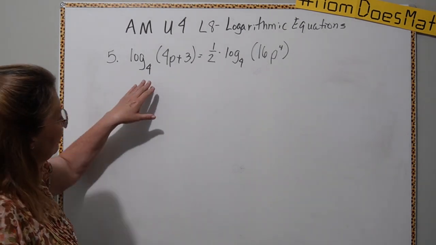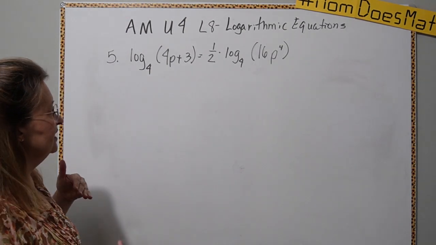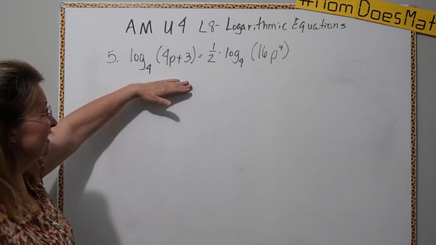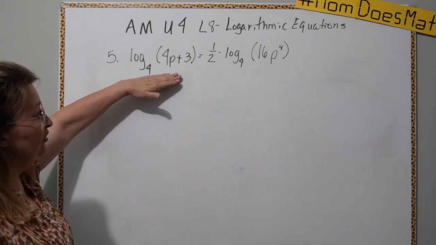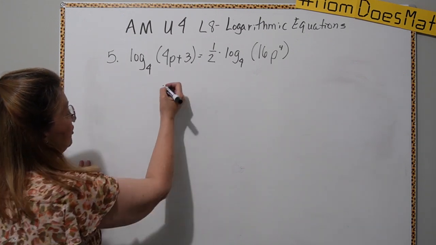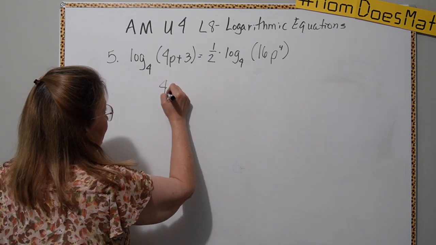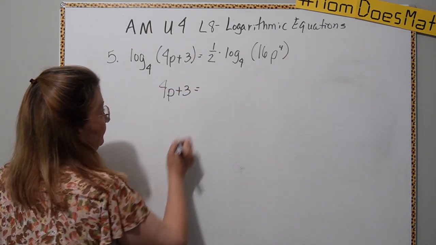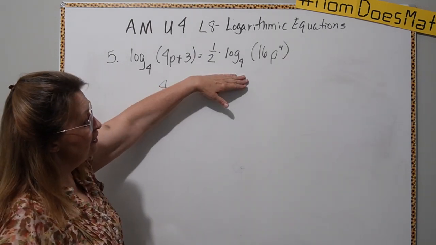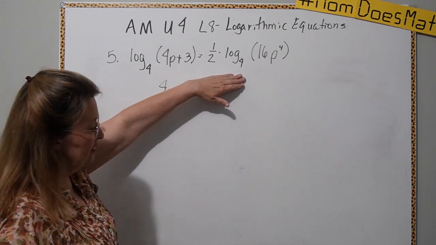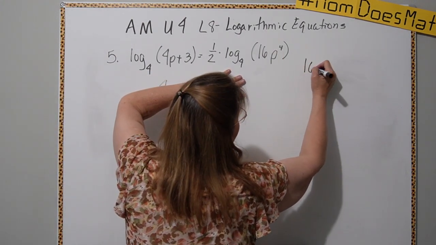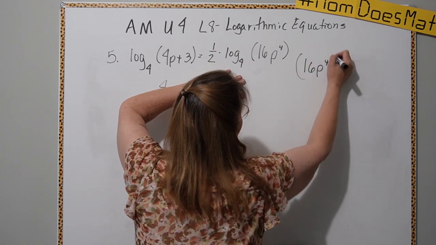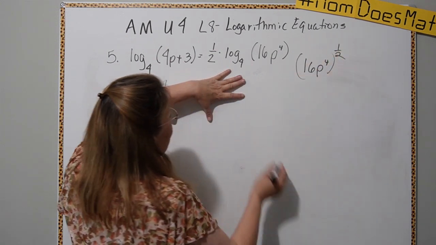Okay, here's number 5, and I have checked. Both my logs have the same base, so I'm good. Now this is condensed and simplified, and I know I'm aiming to go 1-to-1 with it, so let me just go ahead on my next step and write down 4p plus 3. Okay, now over here, to condense this one, I'm going to come over here on my scratch page, you're going to have 16p to the 4th to the 1/2 power.